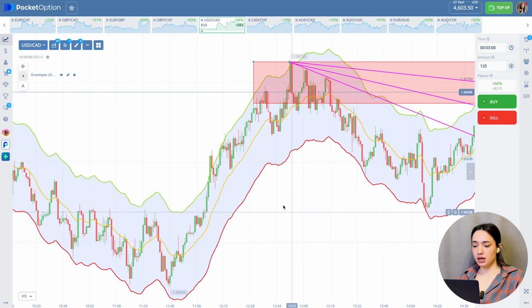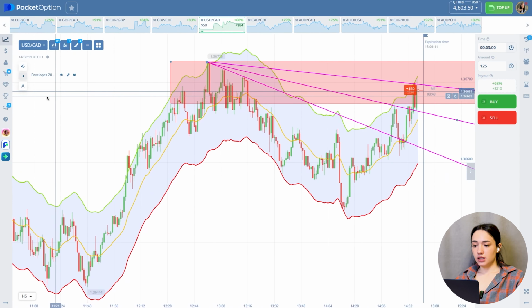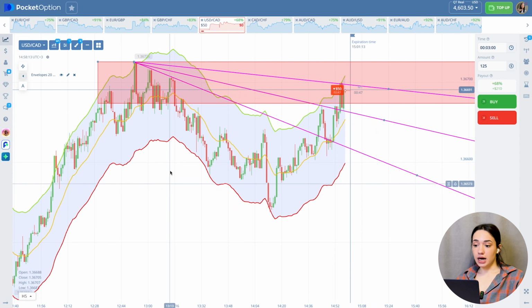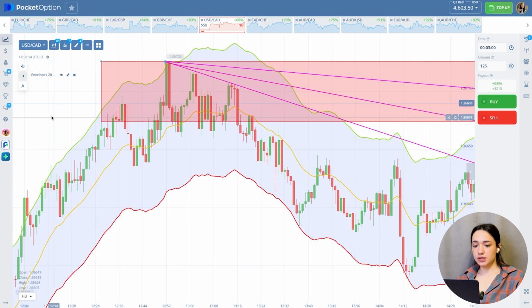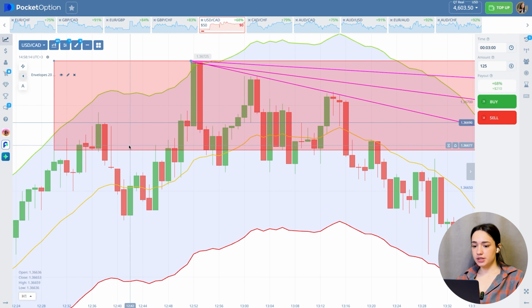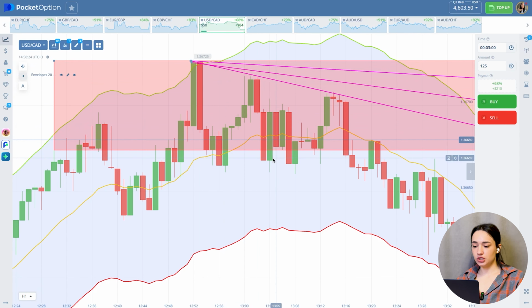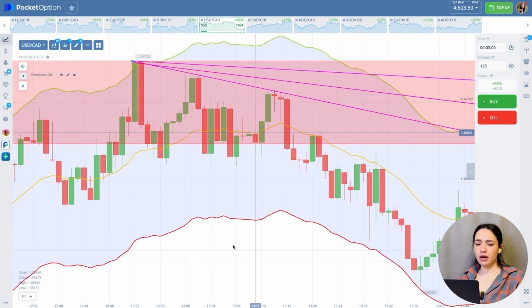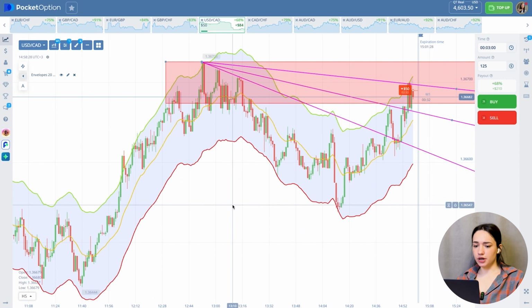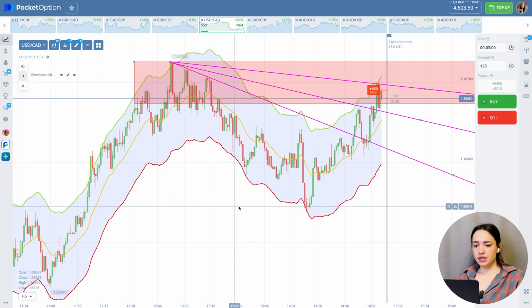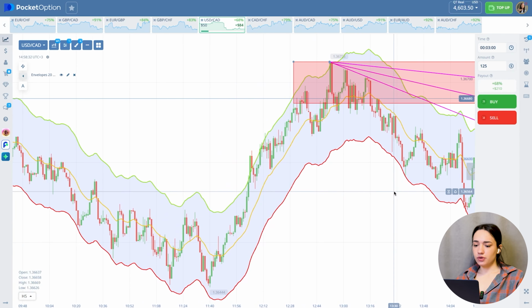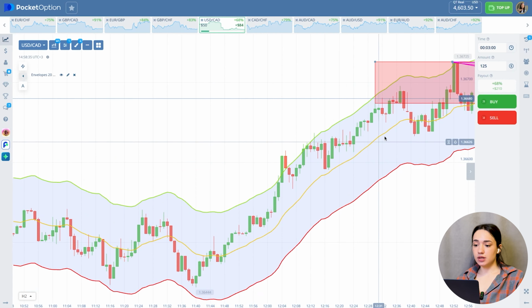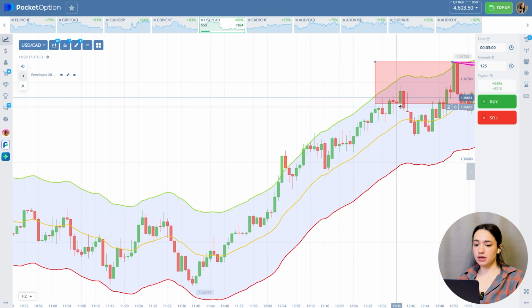This is the resistance area, and we can call it that because earlier we saw that the price was trading here and we observed many pullbacks downward, followed by a breakout and the price moving lower. This is not a very strong resistance area, but for this trend it still exists because earlier we had strong upward dynamics and the price was moving higher.